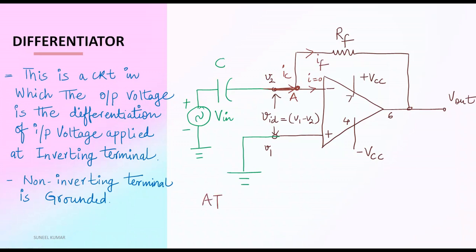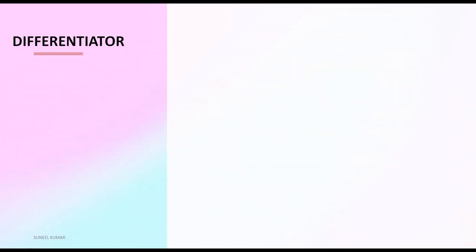At node A we can write IC is equal to small i plus IF, and this i will become 0. So we can write IC is equal to IF.